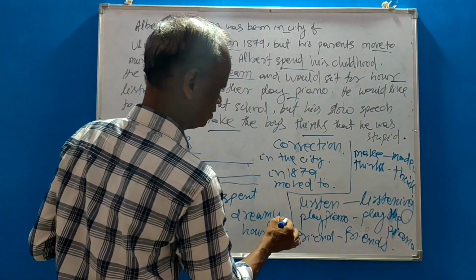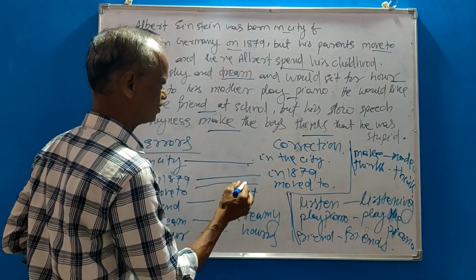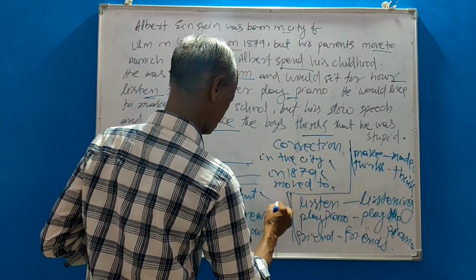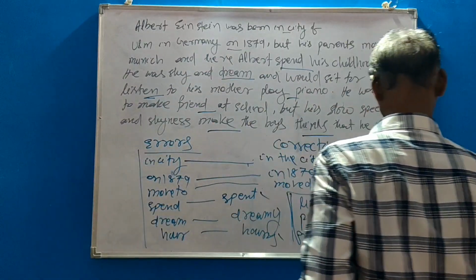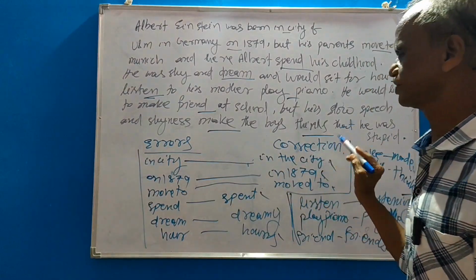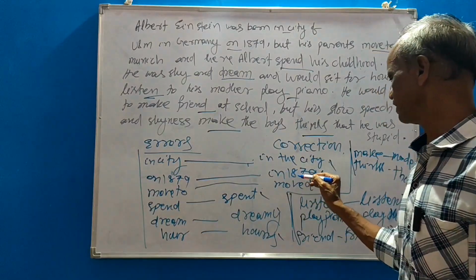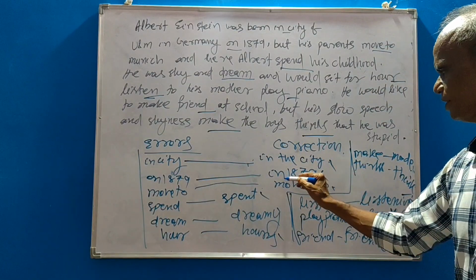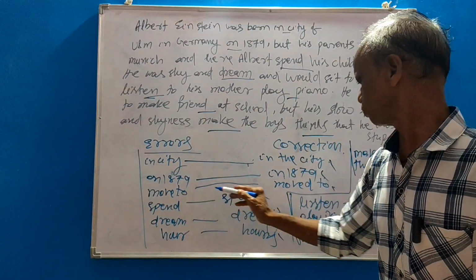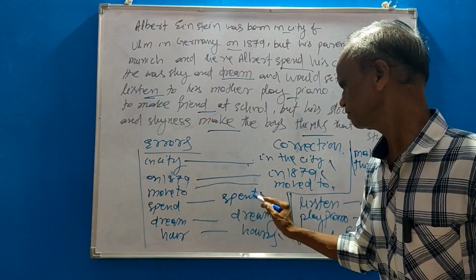These are errors, and these are the corrections. In city, in the city, because a particular city is indicated. On 1879, in 1879: for a year, the preposition in is used. Move to, because the passage is in past tense. Spent, the past form.